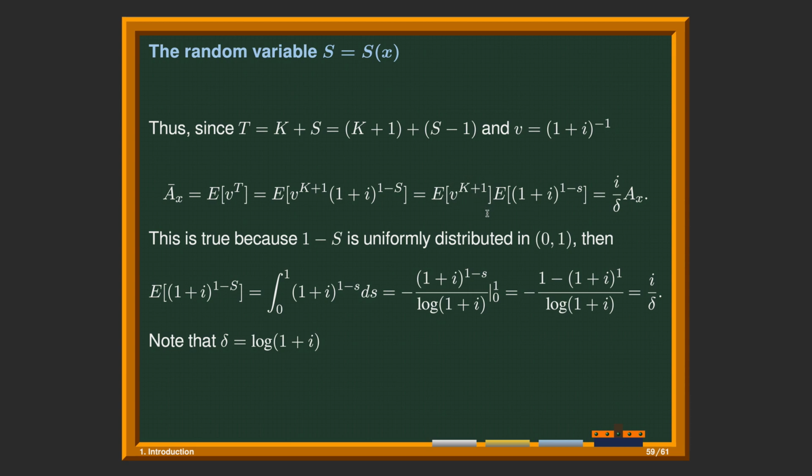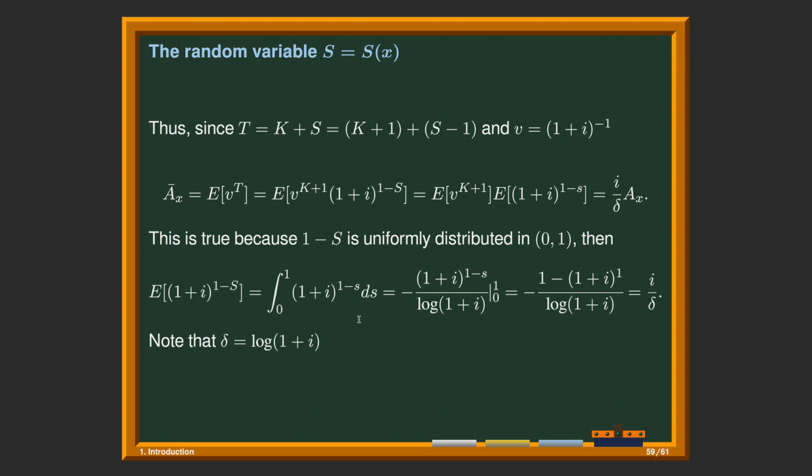This is actually A bar sub X. And then getting this expectation now, knowing that 1 minus S is uniformly distributed on the interval from 0 to 1, we would have this integral.